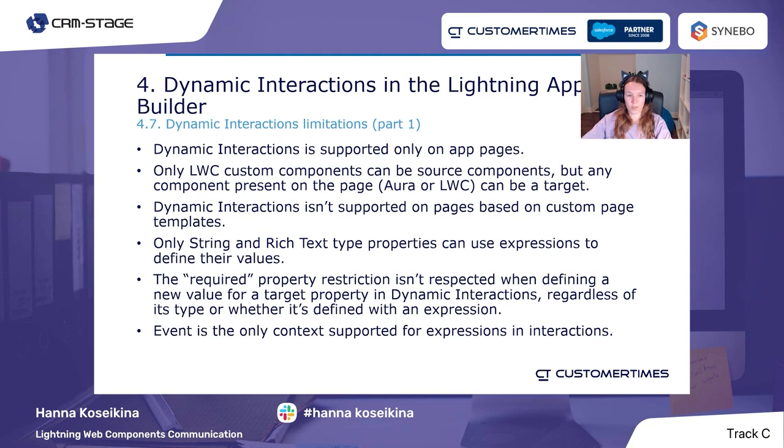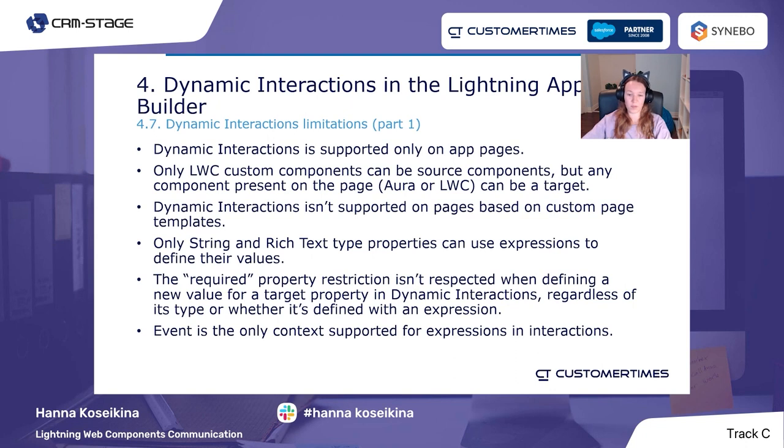Only string and rich text type properties can use expressions to define their values. The required property restriction isn't respected when defining a new value for a target property, regardless of its type or whether it's defined with an expression. So even if you don't supply some data there, it will not error. And event is the only context supported for expressions and interactions.